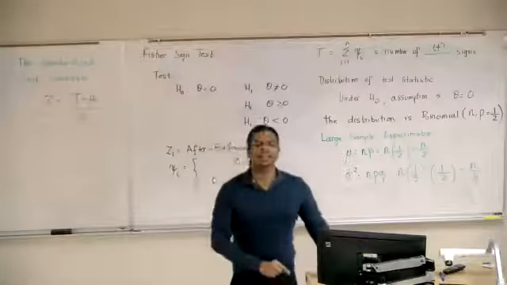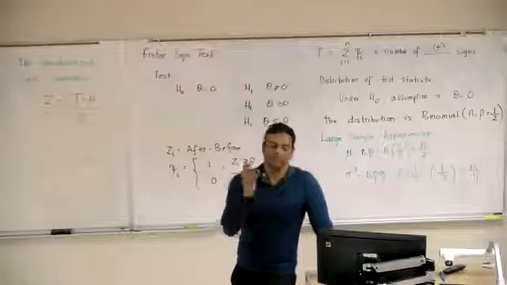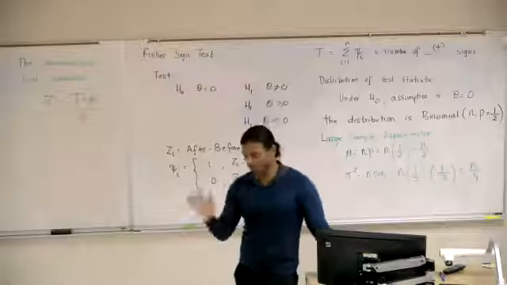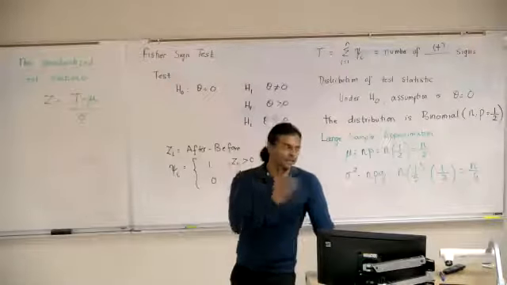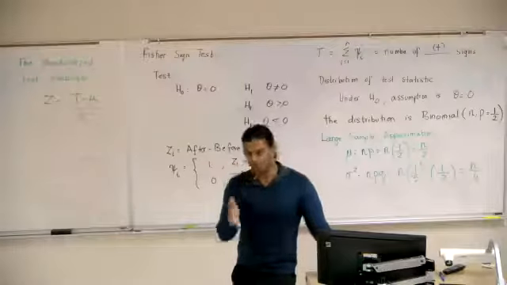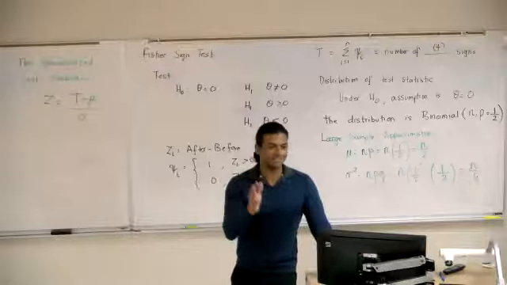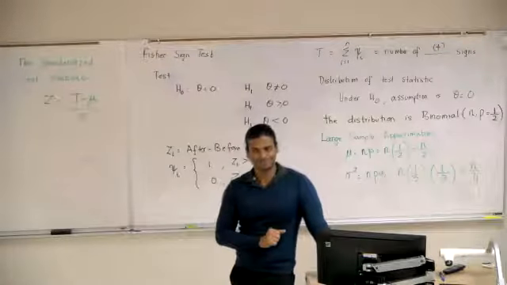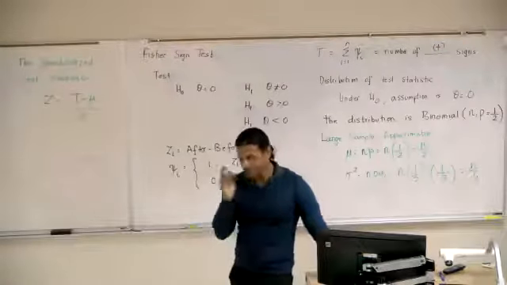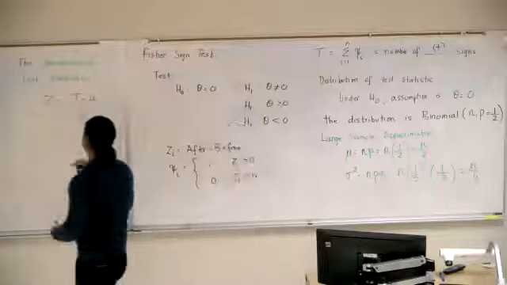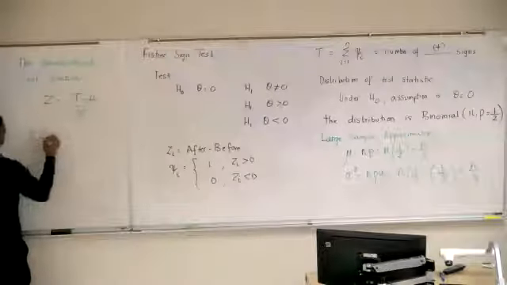When we did a large sample approximation for a binomial test, we used a specific distribution. Large sample approximation for Wilcoxon signed rank, we used a specific distribution. What is that distribution? Normal. What kind of normal? Standard normal distribution.